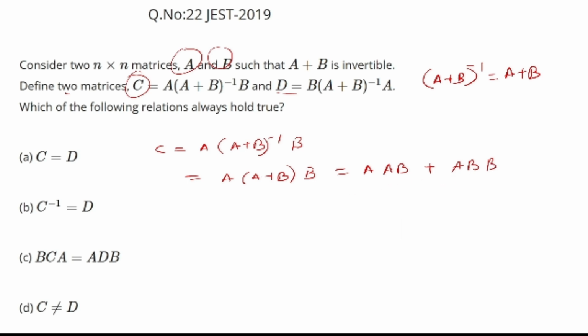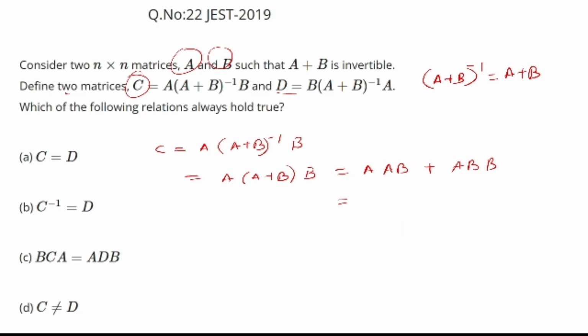Now we can exchange the sequence. If we take this A in front, it will be negative. Again if we take it in front of A, it will be positive. Using this method, you can rearrange it with D. Let's take B in front of both A. If we take B here, A B A, then one negative sign will be there.